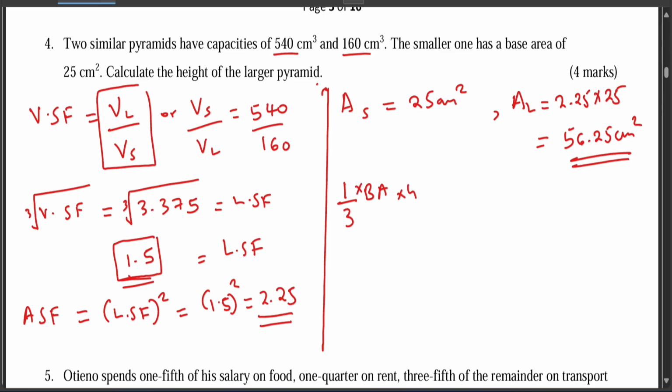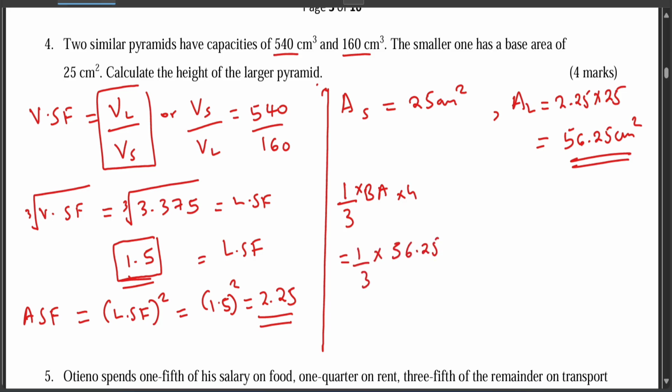Now, do you have the base area for the larger pyramid? Yes. A third times 56.25 times h is equal to 540 cubic centimeter. That is the volume. So a third times 56.25 should give you 18.75, times height gives you 18.75h equal to 540.